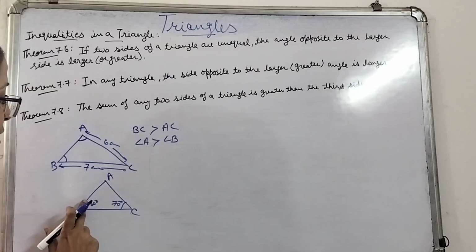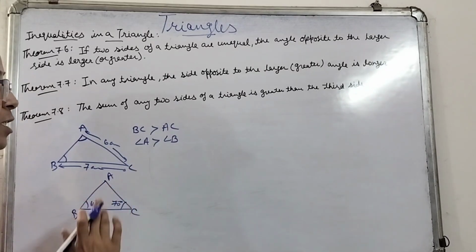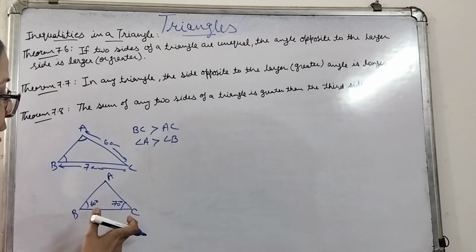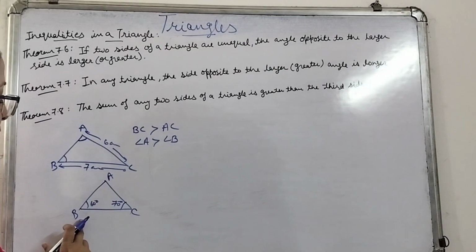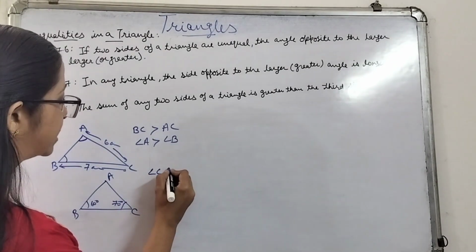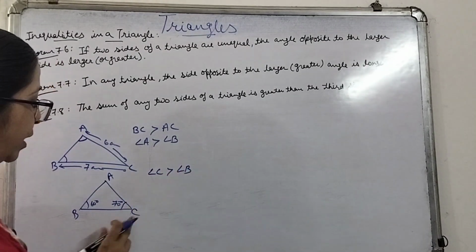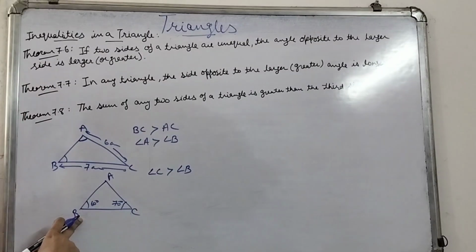The side opposite to the smaller angle will be smaller and the side opposite to the larger angle will be larger. Over here, angle C is 70 degree and angle B is 60 degree, so angle C is greater than angle B.